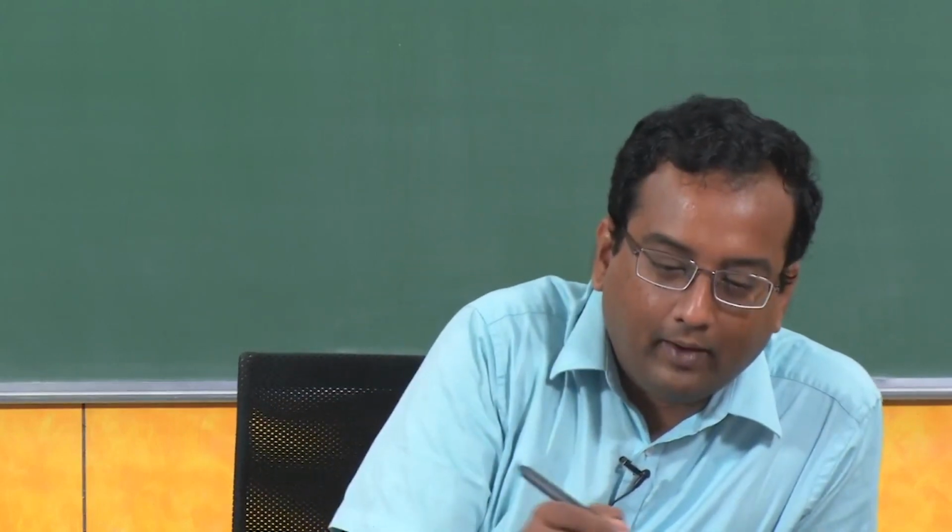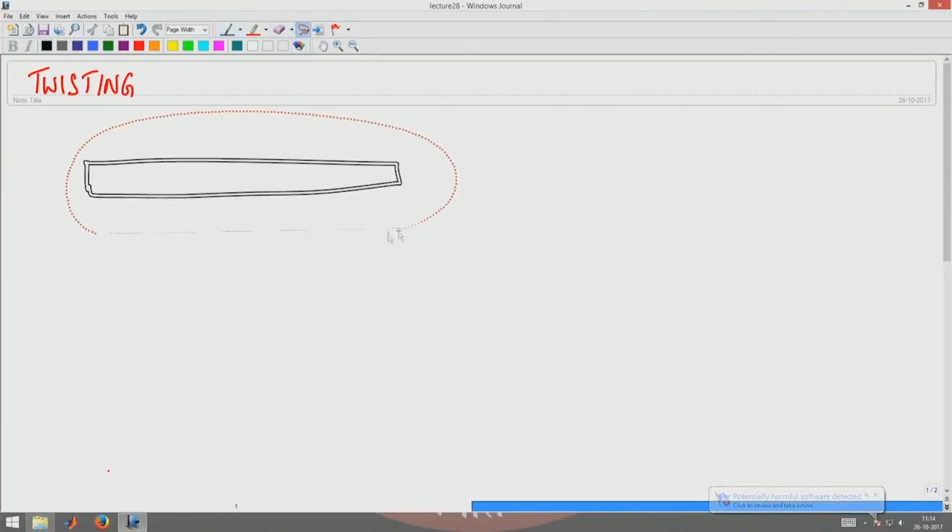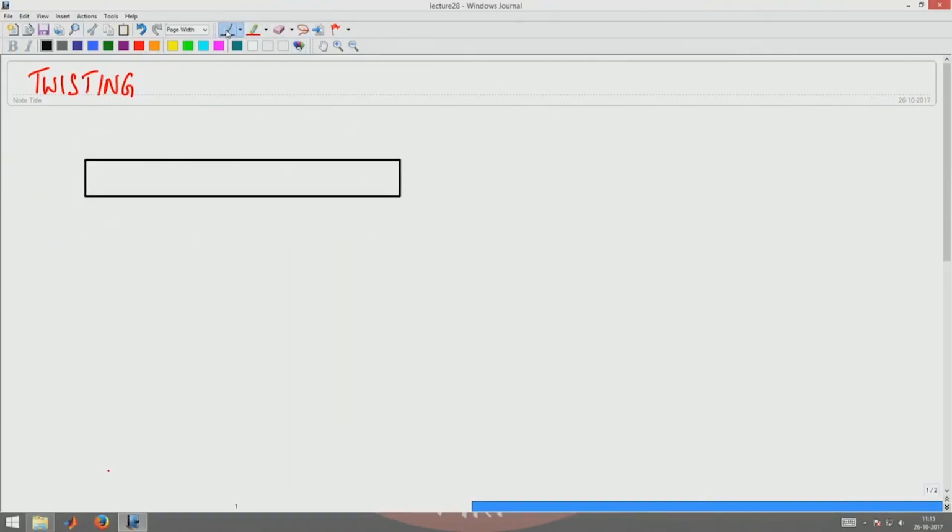Till now we have been using XYZ oriented in a particular fashion, but now I will orient the XYZ in a different manner. I have this cross section, and for me now Z is the axis of the beam, Y still remains the vertical, but X is oriented like this. So this is the axis that I am going to use.